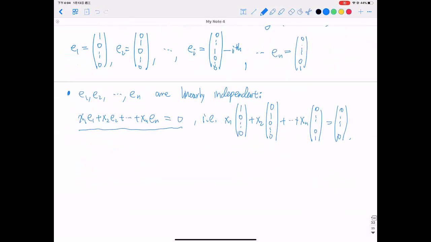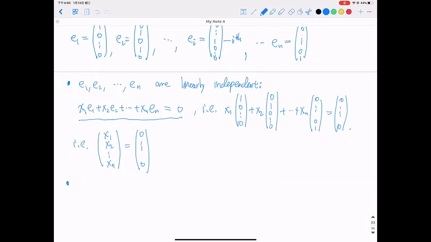And if you write this out, you don't even need to think very hard. If you just write this out as a single equation of vectors, the left-hand side is the vector x1 through xn. The right-hand side is the 0 vector, so you immediately see that the only solution to this system is the 0 solution. And that means E1 through En are linearly independent.